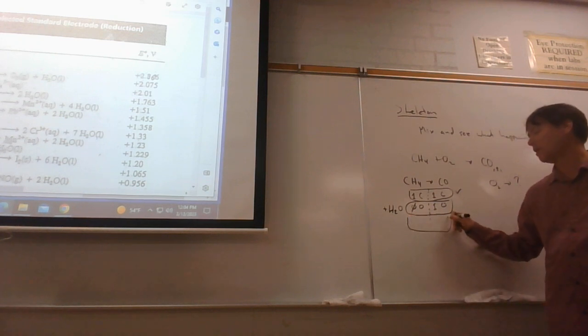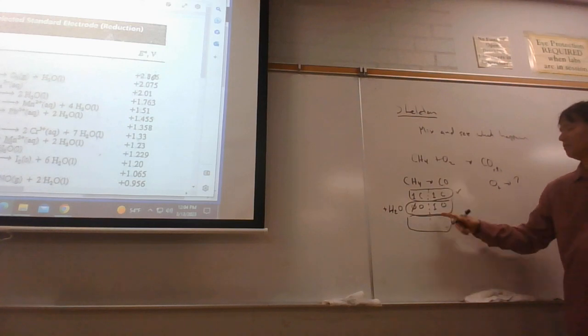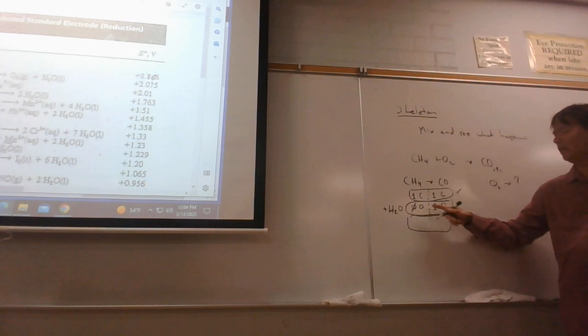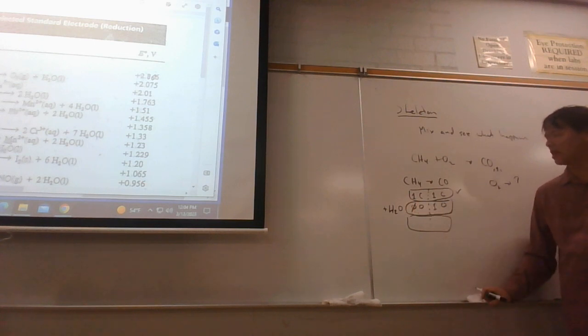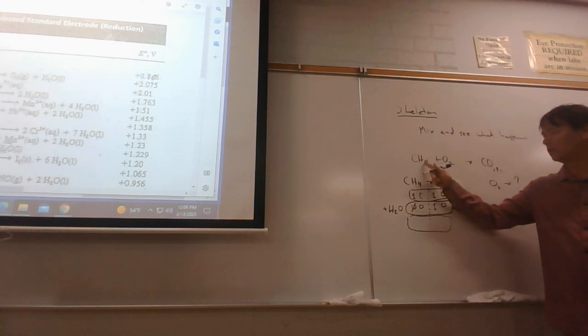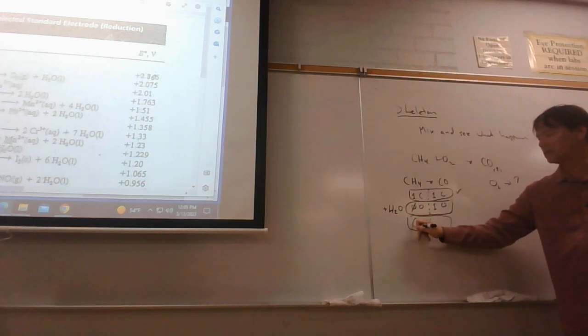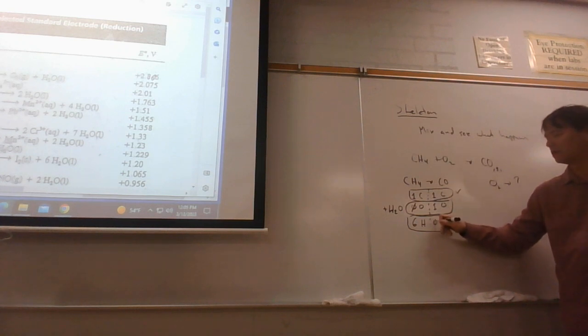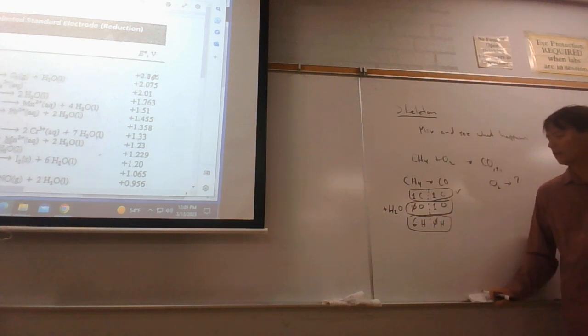After I balance the oxygen, I have 1 oxygen. Then I balance the hydrogens. How do I balance the hydrogens? By adding H+. So we have a total of 4 plus 2 gives me 6 hydrogens on the left. And then how many hydrogens on the right? 0. And then I have what?